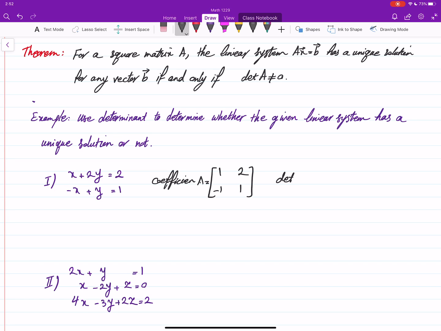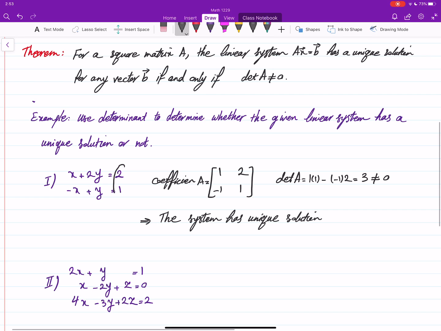Let us call this A. The determinant of the coefficient matrix is 1 times 1 minus negative 1 times 2, which is 3. It is non-zero. That means that we can conclude that the linear system has a unique solution for any B, in particular this B here, 2 1.